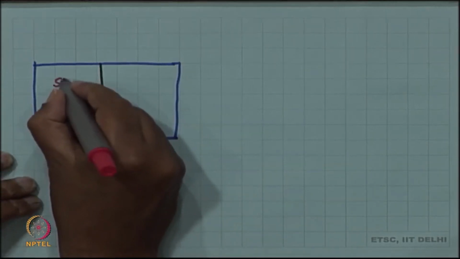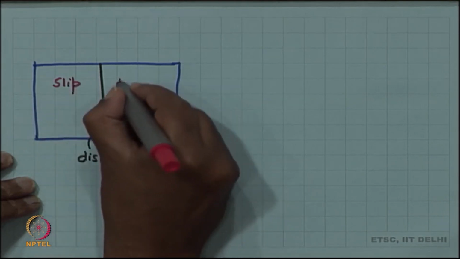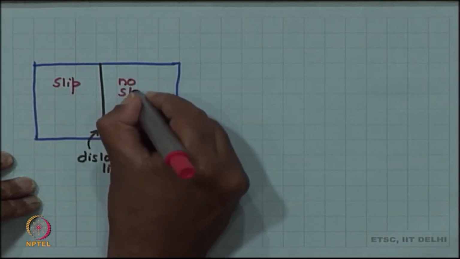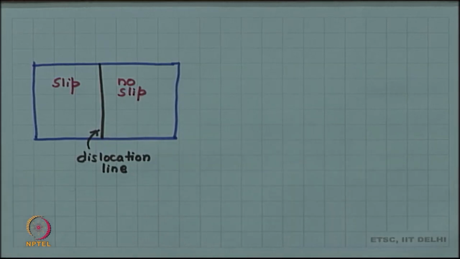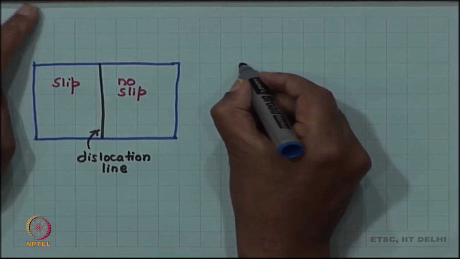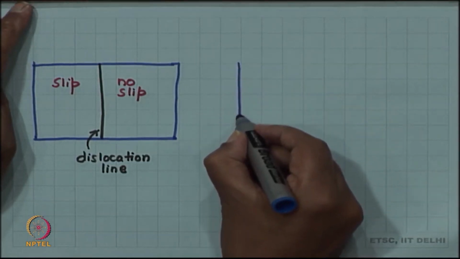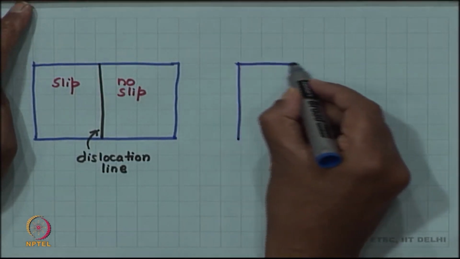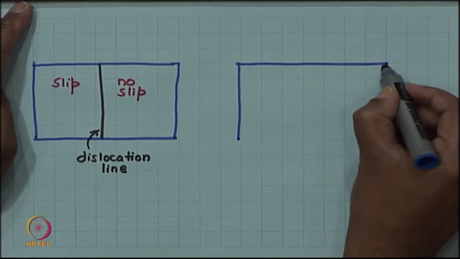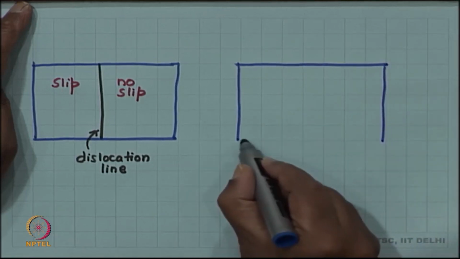One side of the line is slip and the other side is not slipped. So, I call it slip and no slip regions. Now, it is not necessary that only one dislocation runs throughout the crystal on a given slip plane.